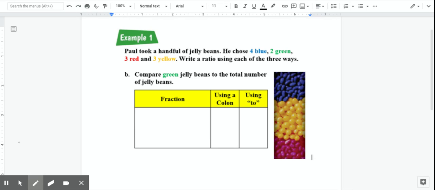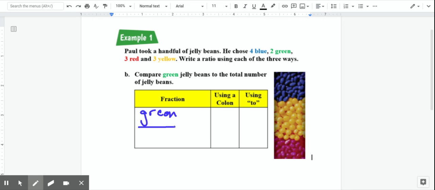So the first thing I'm going to do is, since the word green comes first, I'm going to put green in the numerator spot of my fraction.